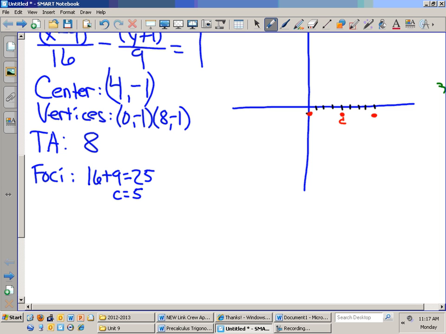So if I move 5 units from the center, I'll be 1 further than my vertices. Those green dots are my new foci. What are the coordinates of those foci? -1, -1, and 9, -1.